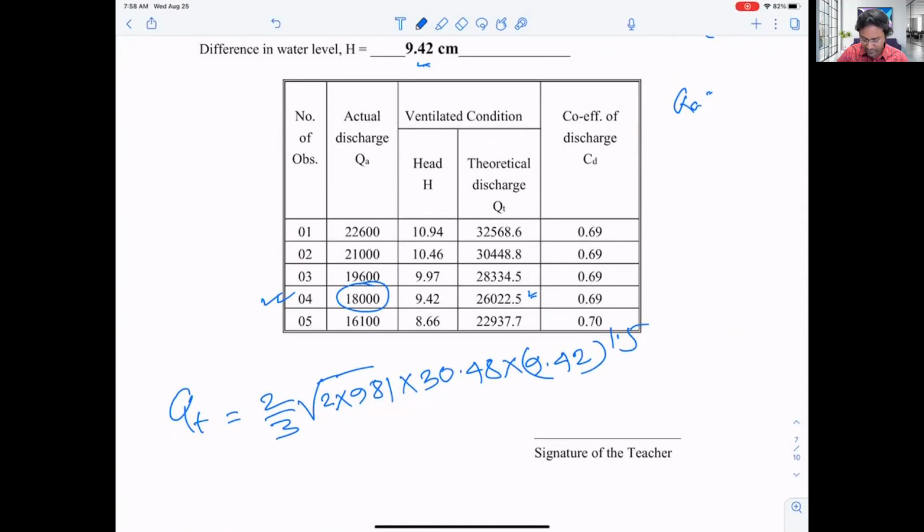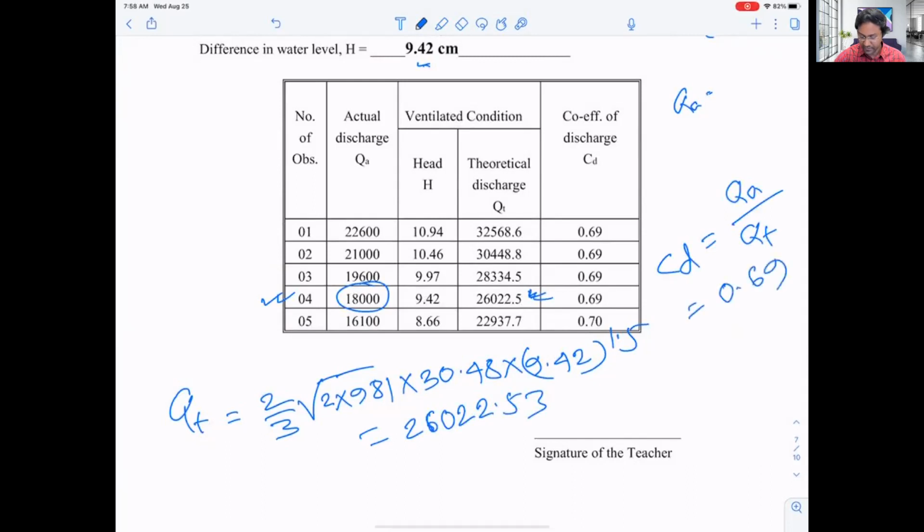So what we have is 260.53. That's the calculation we have. And if we calculate CD is equal to QA divided by QT, if we divide 18,000 by this value, we are getting 0.69.